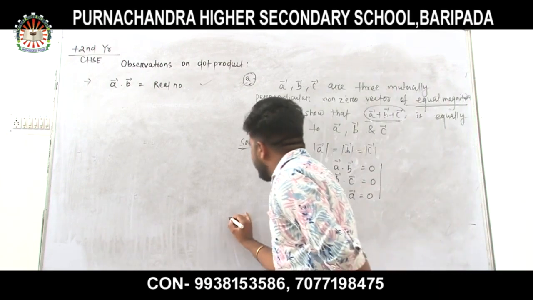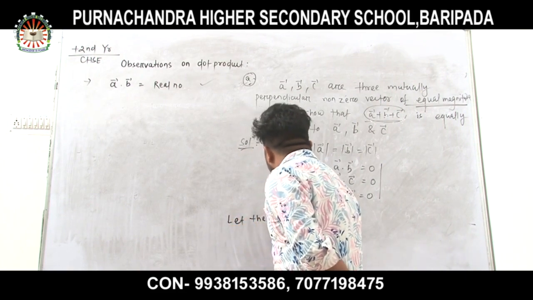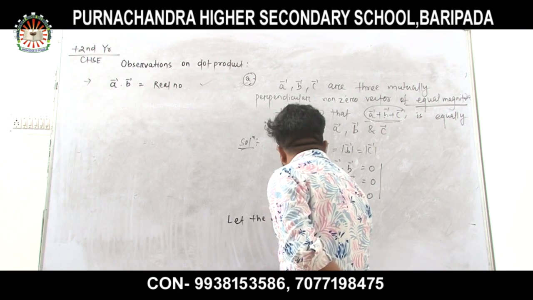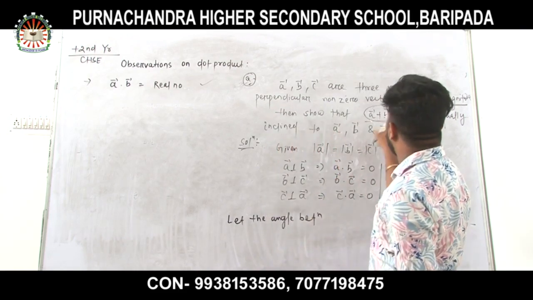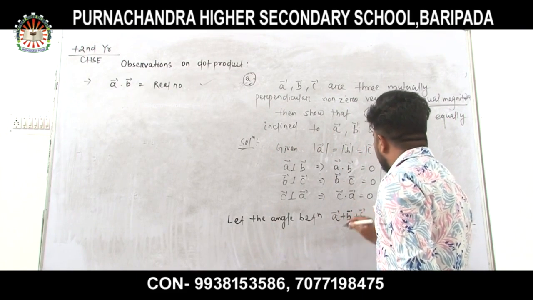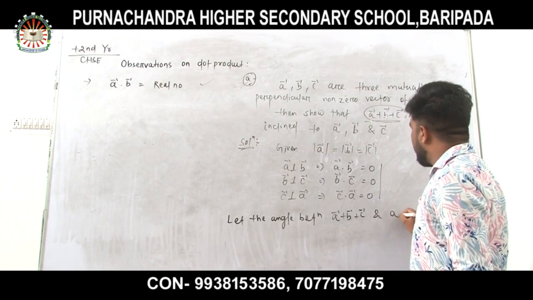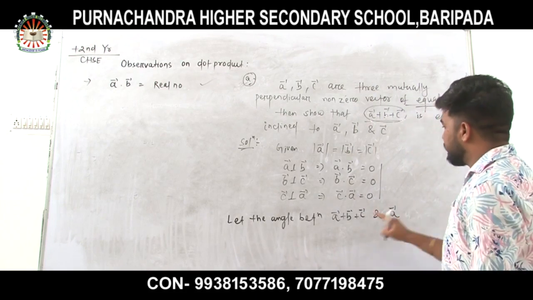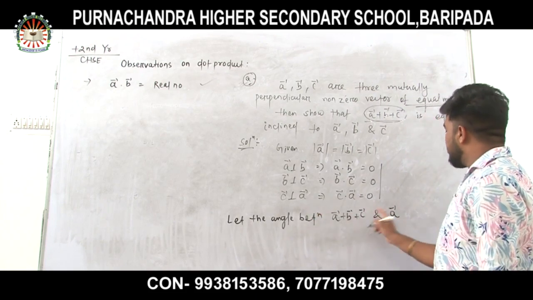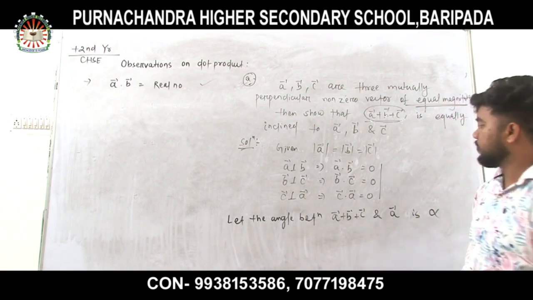Now let the angle between A plus B plus C vector and A vector, we don't know, be alpha.